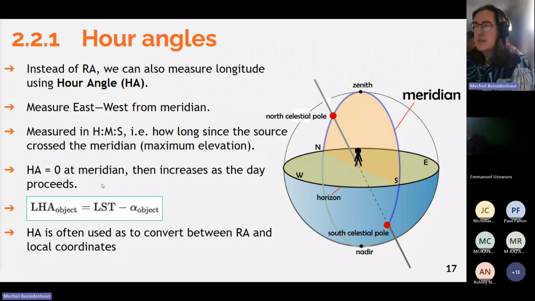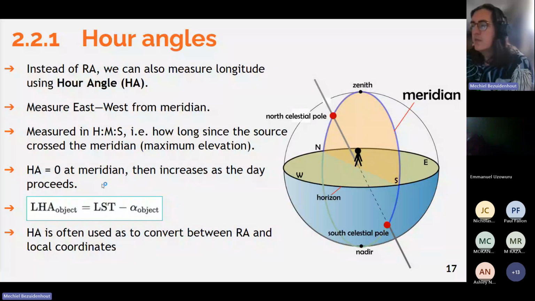So this hour angle is useful because it's a local measurement of the longitude, whereas the right ascension is defined with respect to an equinox, which is difficult to locate on local coordinates.